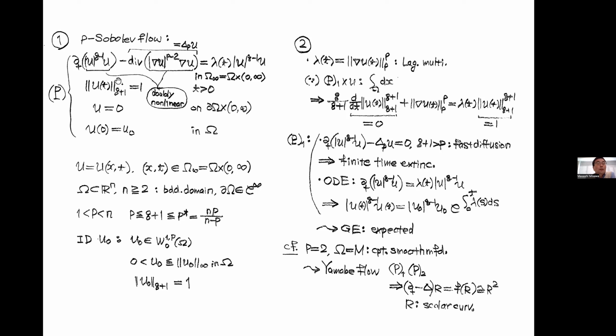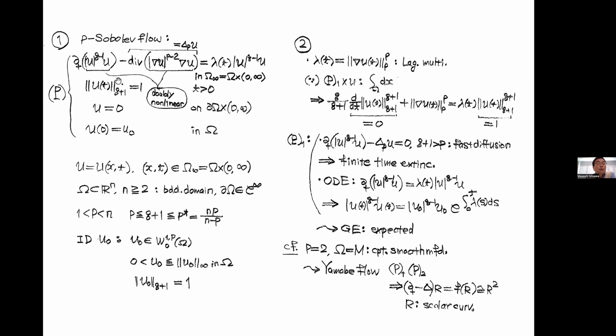Okay, and the domain omega is a bounded domain in n-dimensional Euclidean space, with space dimension n larger than or equal to 2, and the boundary of omega is smooth. Then we have two kinds of exponents, p and q.